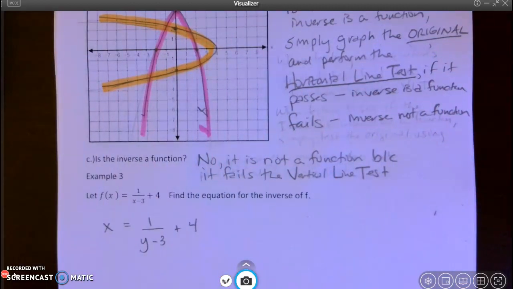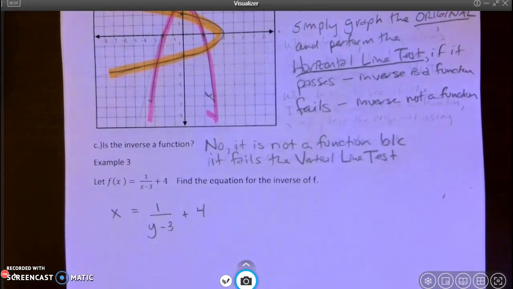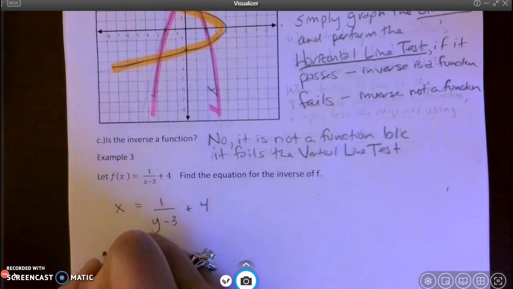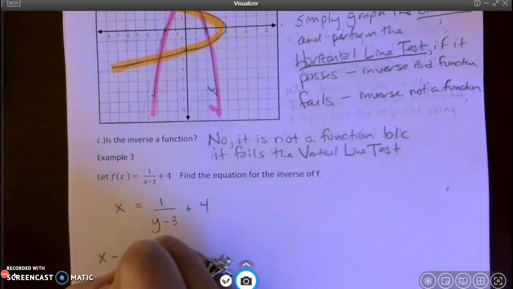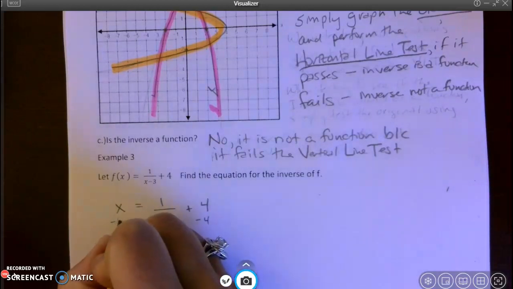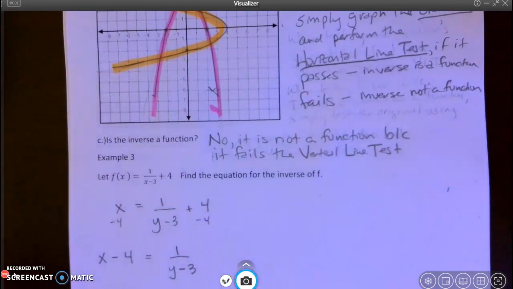As I'm trying to move things away from the y so I can solve for it, the first thing I'm going to do is subtract 4. So I have x minus 4 equals 1 divided by y minus 3.